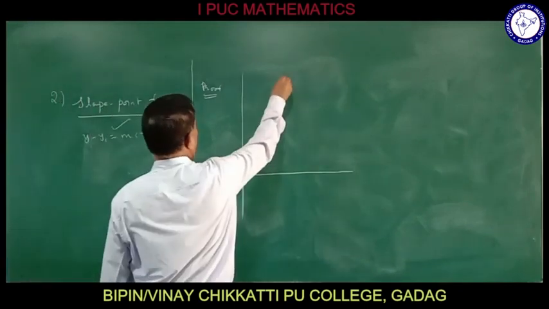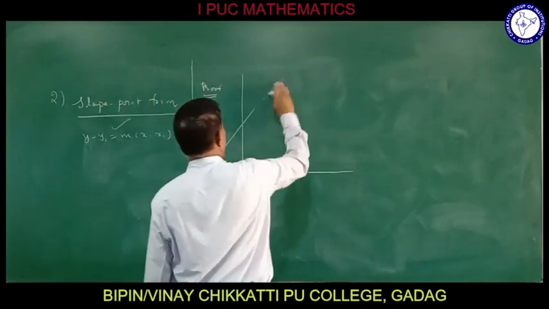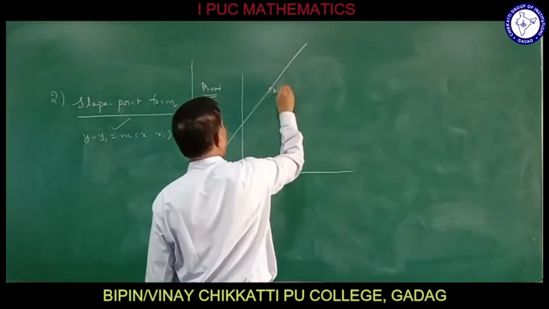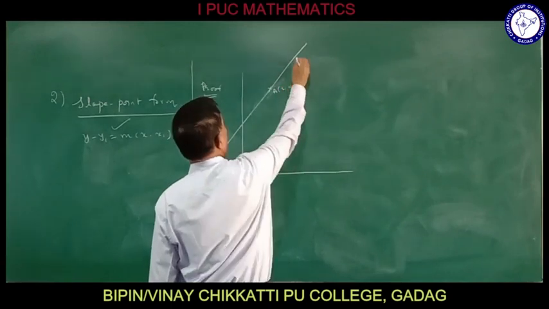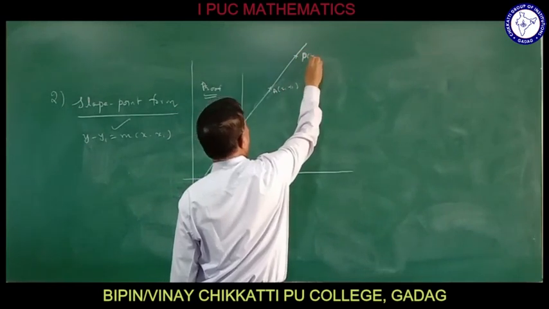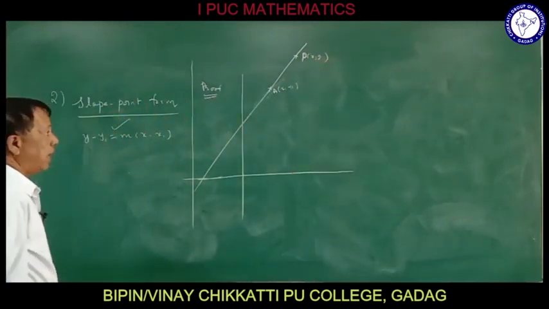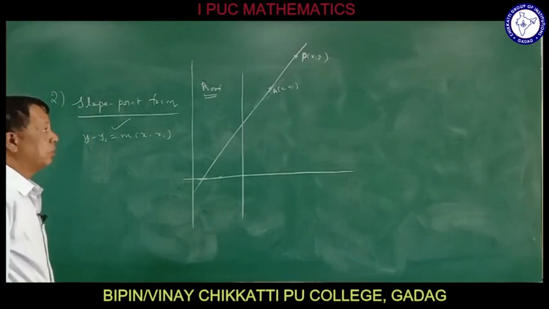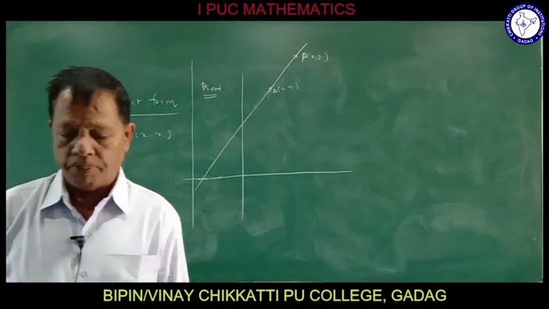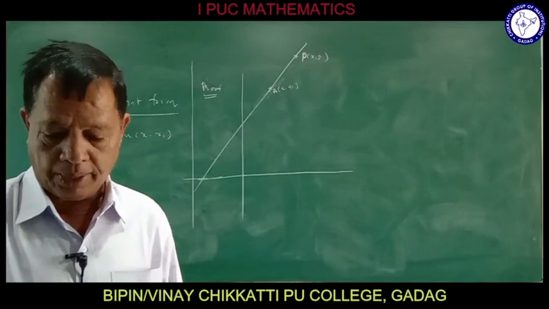I want to take a line passing through A, whose coordinates are x1 y1, and a general point P, capital P, which is xy. Suppose the line is passing through the point A, whose coordinates are x1 y1, and P is any point on the line.